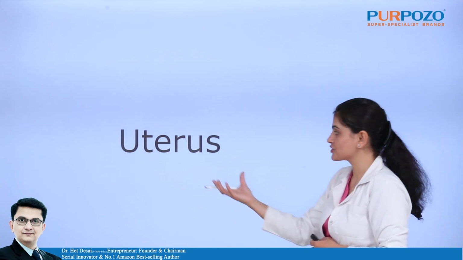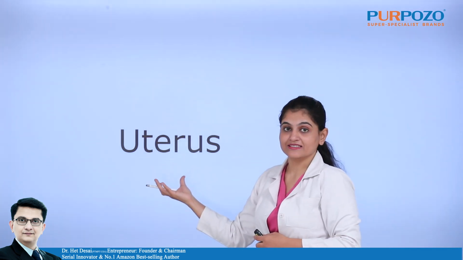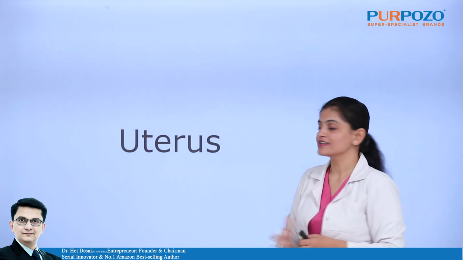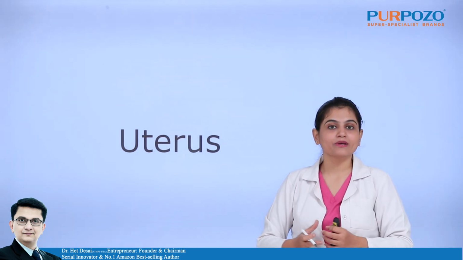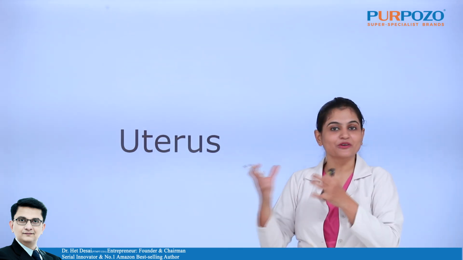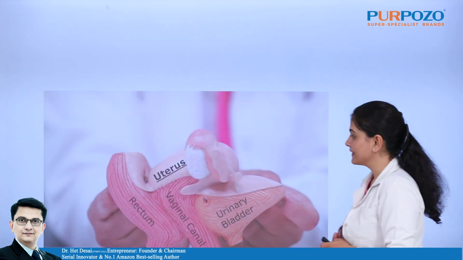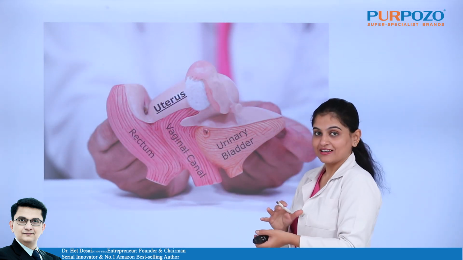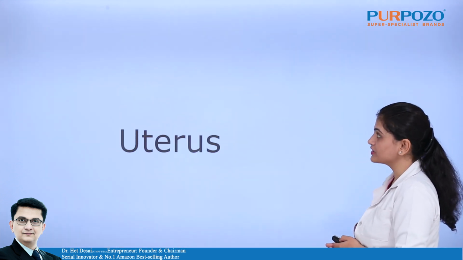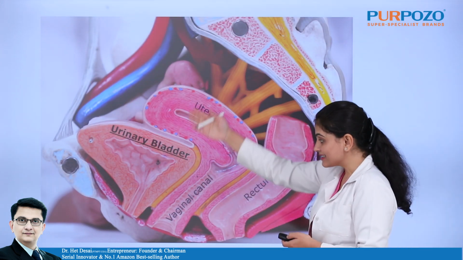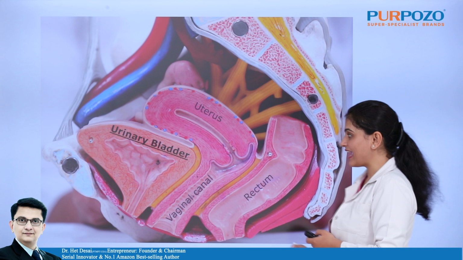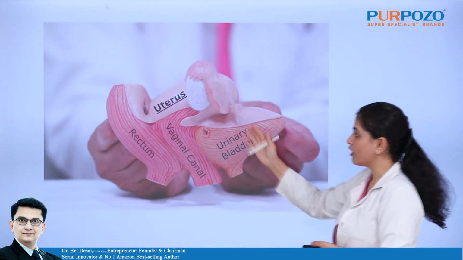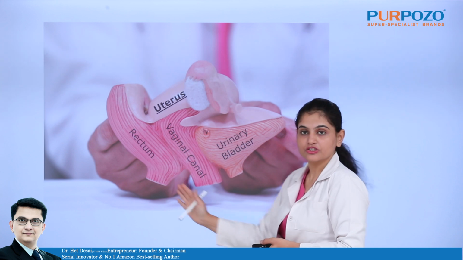The next structure is the uterus. A very important structure for a female, because the uterus, or the womb, is the place where the baby grows. So, this is from the outside. The view which we had seen earlier is the inside, and this is the outside of your structures.